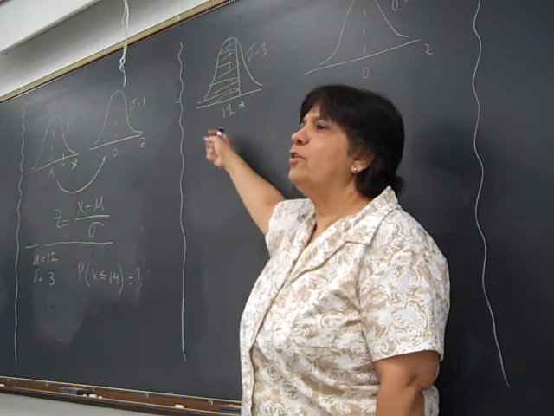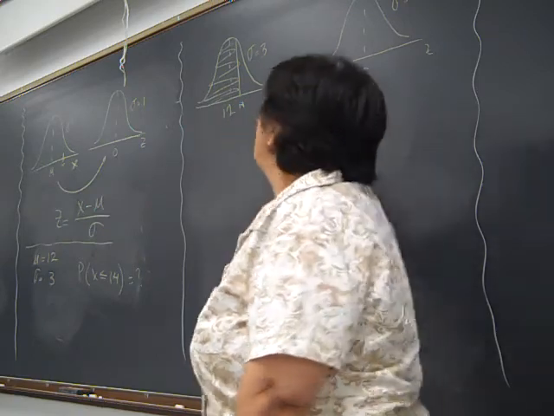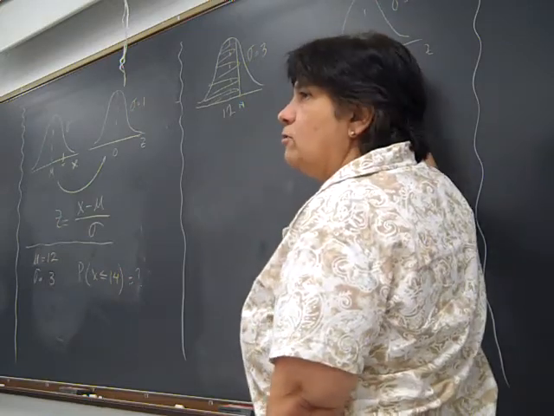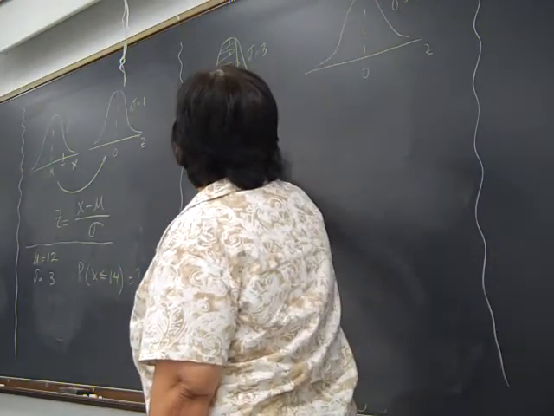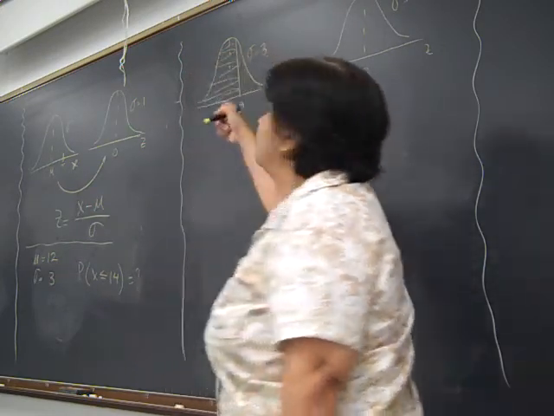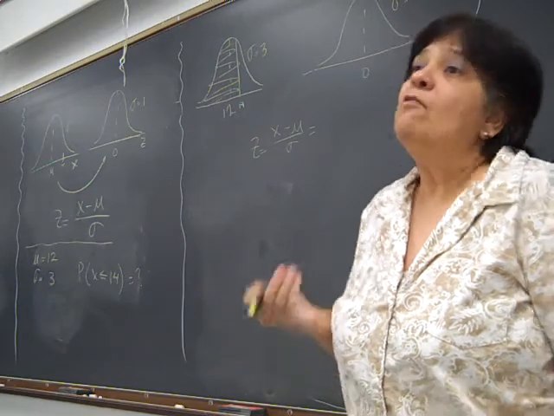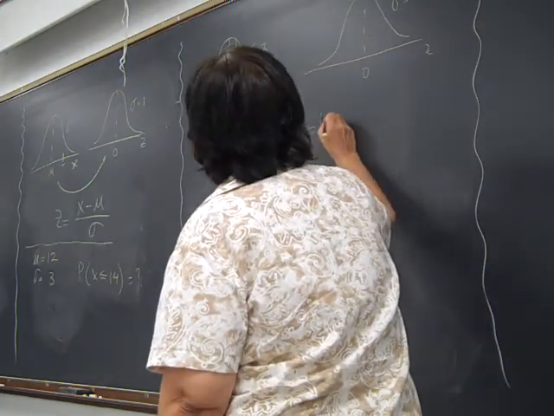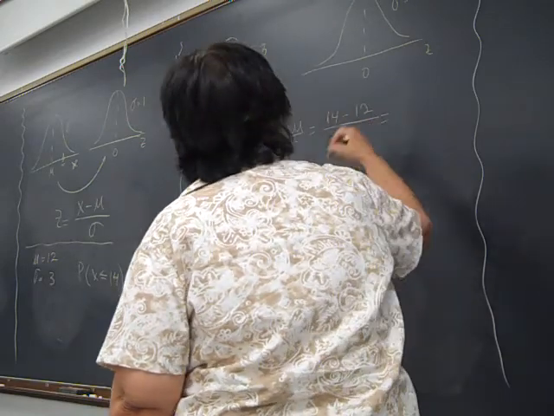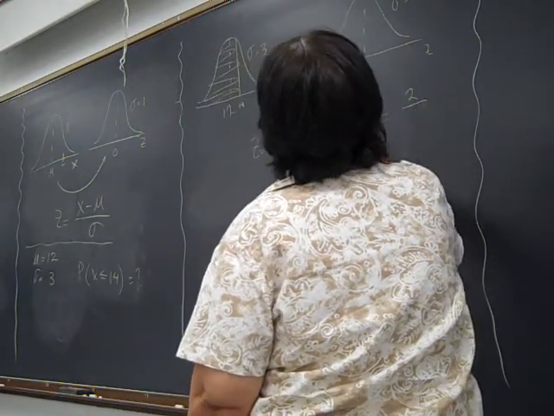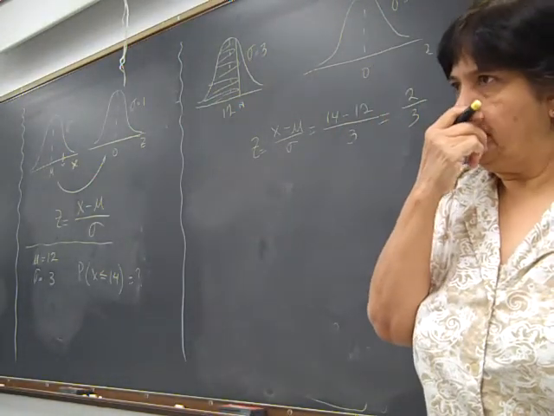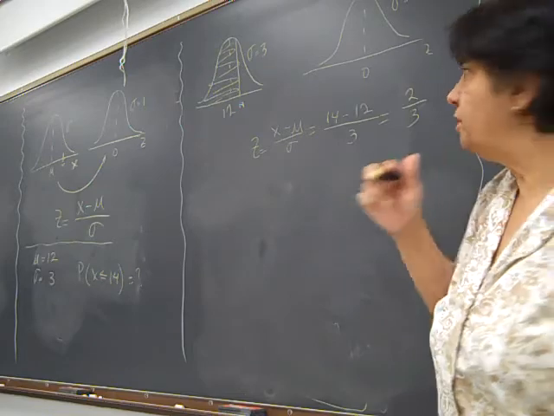But there is no table for this one. So I need to translate this one into a standard normal distribution Z, and I'm going to use the formula z is equal to x minus mu divided by sigma. What is the x value that I'm looking for? 14. 14 minus 12 divided by 3 is 2/3, 0.67.